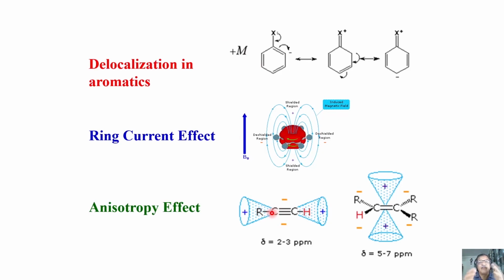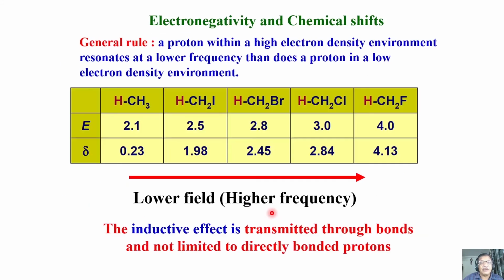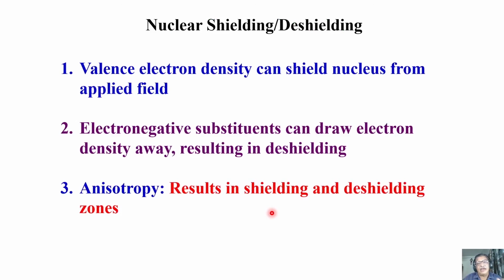Based on this, we can interpret the NMR spectrum and make assignments about the peaks which are coming at different regions of the spectrum. With this, I will come back and tell you more about nuclear shielding and deshielding, and a few examples of how the spectrum can be interpreted based on where the peak is coming.